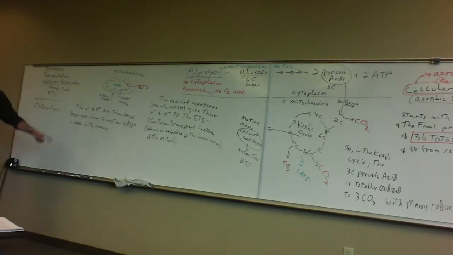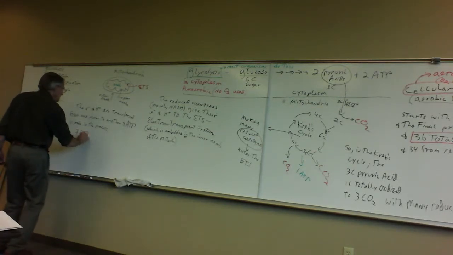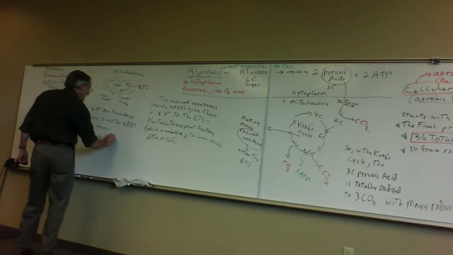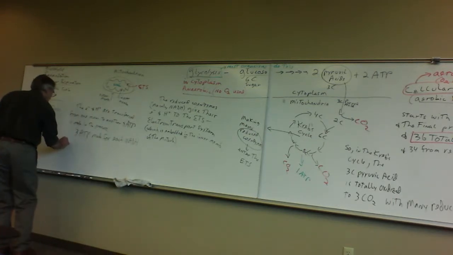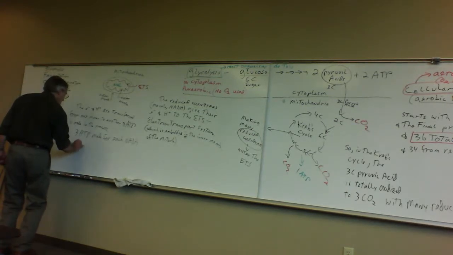For each NADH that gives its electron to the electron transfer system, you get 3 ATP. Okay, so 3 ATP made for each NADH that begins the ETS.